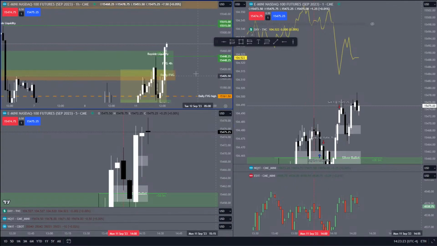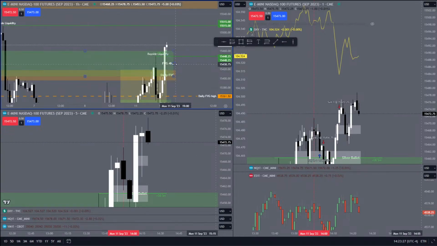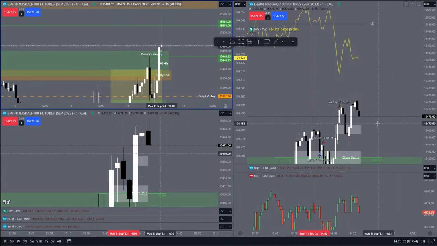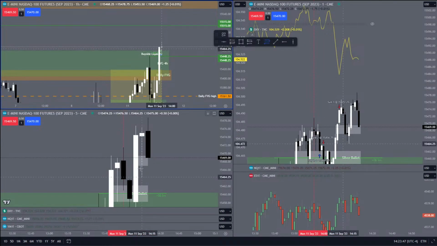So even on the 1 hour, we got this 1 hour candle closed above this 4 hour fair value gap. Come back down. Again, we want to see this 5-minute candle that we're currently printing respect the consequent encroachment of this wick. I'll just have it up on the chart.